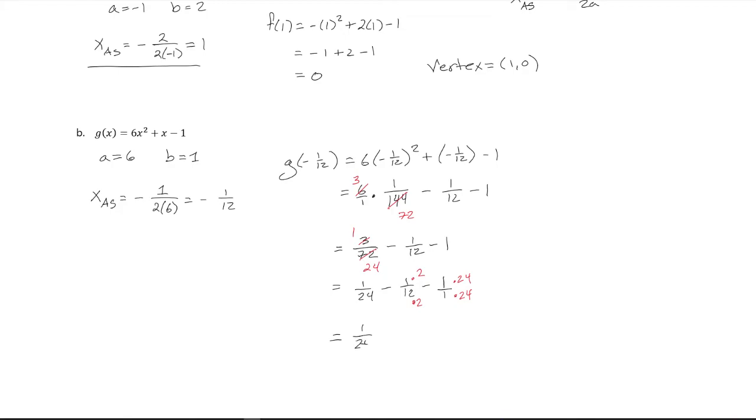I have 1 over 24 minus 2 over 24 minus 24 over 24. So I get 1 minus 2 is negative 1, minus 24 is negative 25 over 24. So there's the y value of the vertex. So the vertex is negative 1/12, comma, negative 25 over 24.